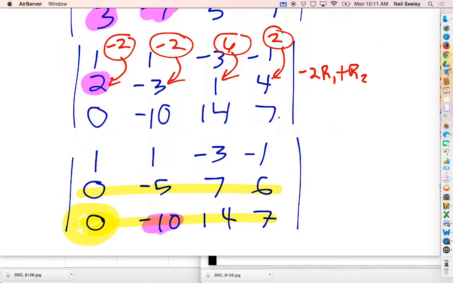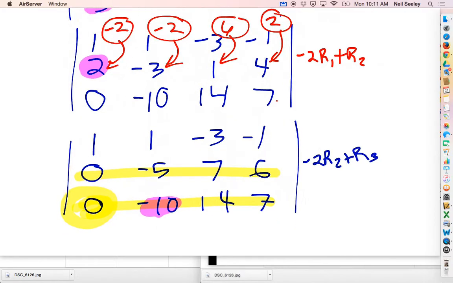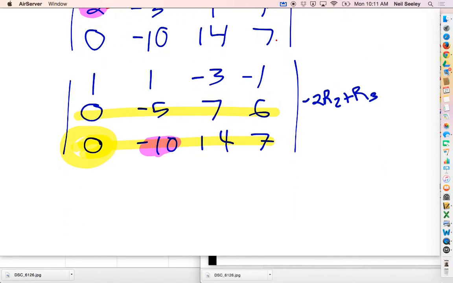It's meant to be, and I don't mean to give you really nasty ones, so don't be looking for nasty ones. -2 times row 2 plus row 3. The really nasty ones are for computers. Okay, here goes. 10, if I multiply through by -2, -14, -12.